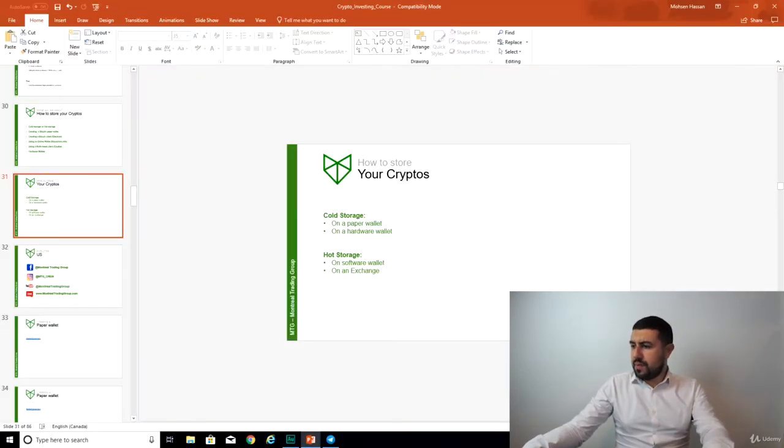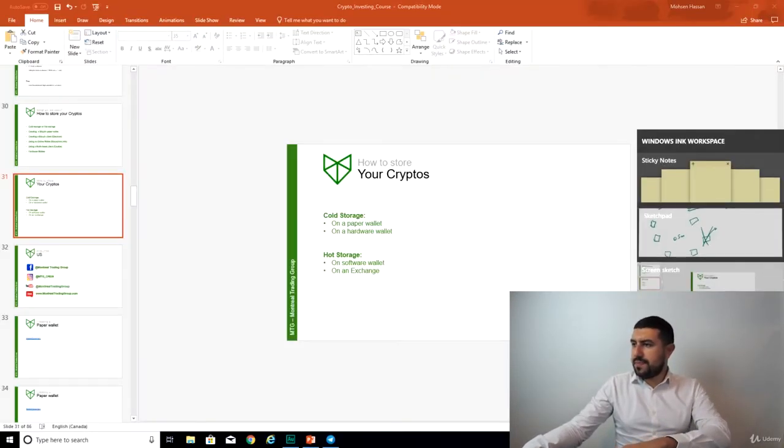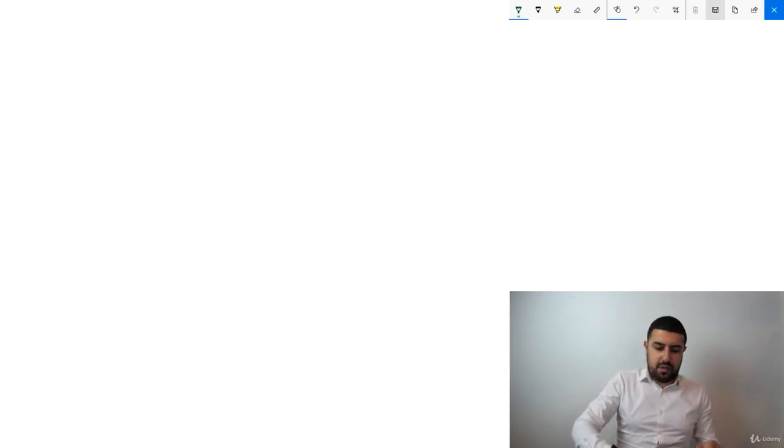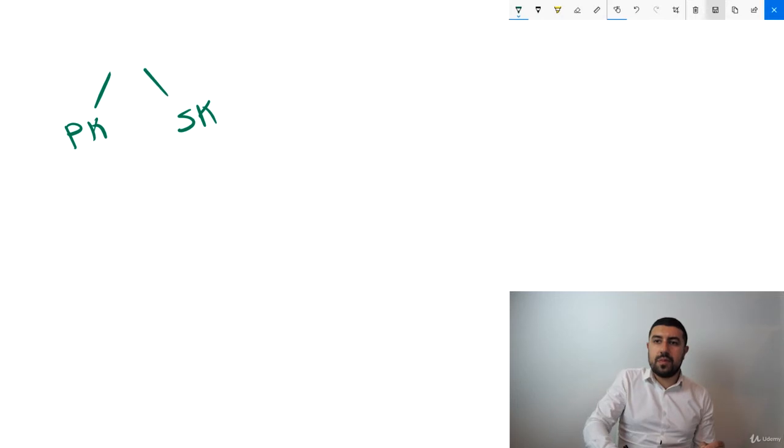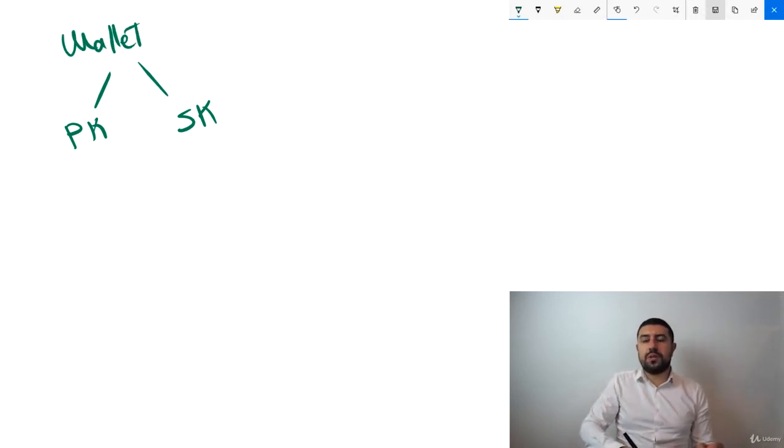So whenever you hear the term cryptocurrency wallet, all they mean is basically your public key and your secret key. That's what creates your wallet.